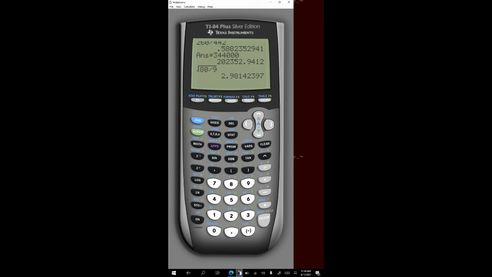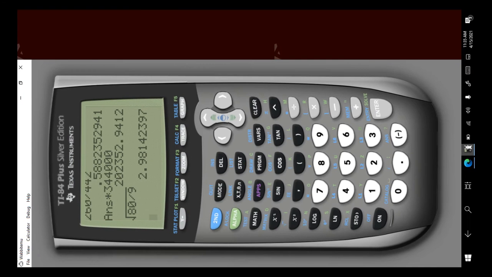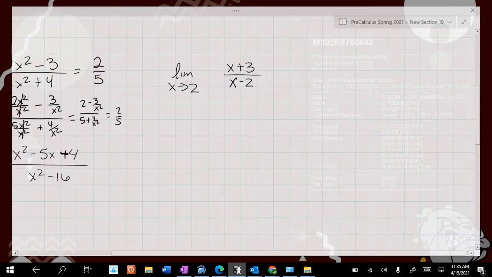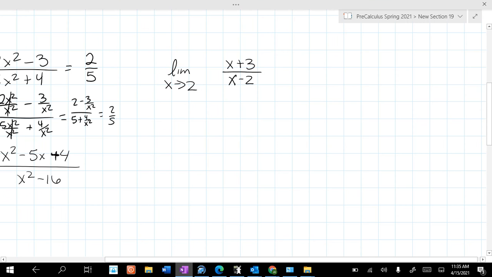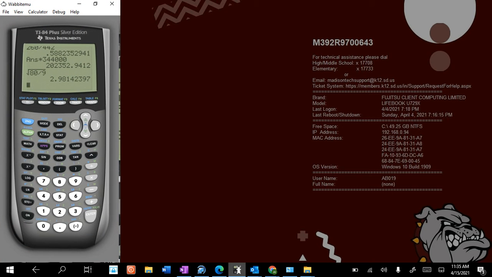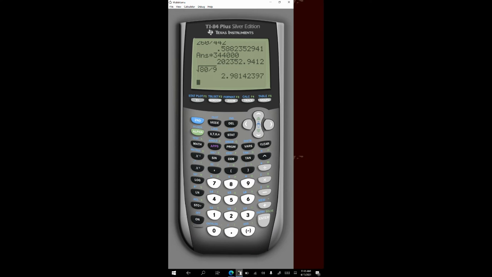So it was, just a second, x plus 3 over x minus 2. So y equals, let's clear that out, x plus 3 over x minus 2.